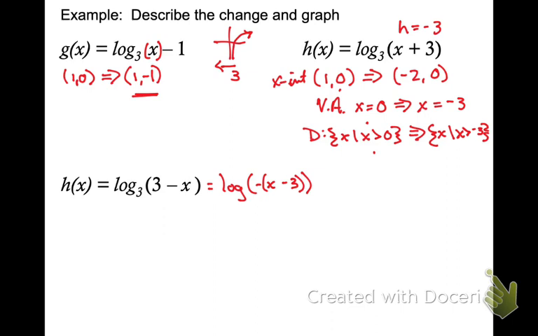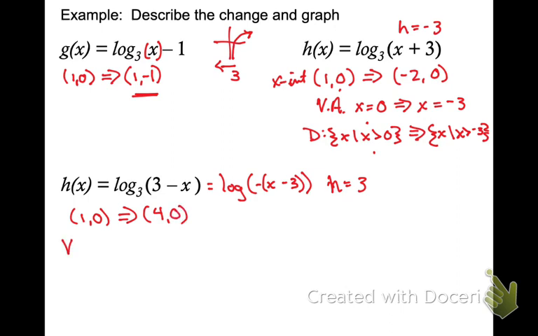So my h is 3, isn't it? Okay. So 1, 0 becomes what? 1 plus 3 is 4, 0.